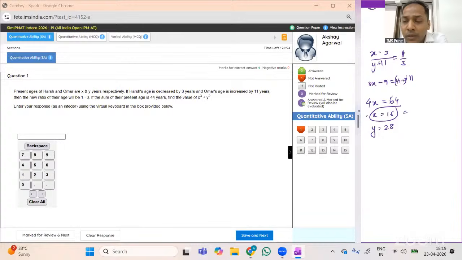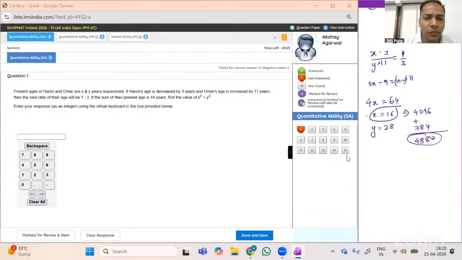So therefore 16 cube, which is 2 raised to the power 12, is 4096, plus y square. Y square would be 28 square. That is 784. So 84, this thing would be 80 and 40 plus 7, 47 plus 1 in the carry, 4880.